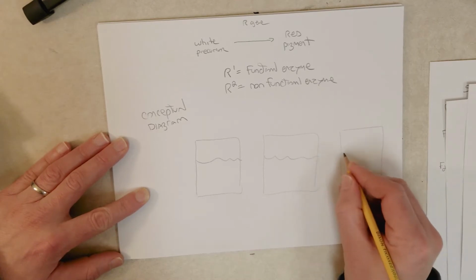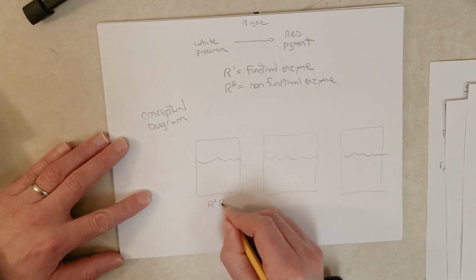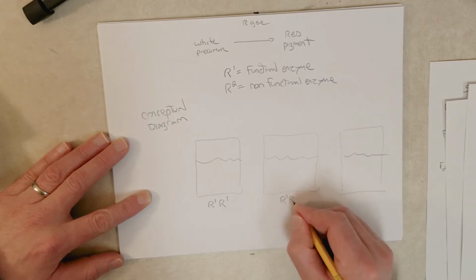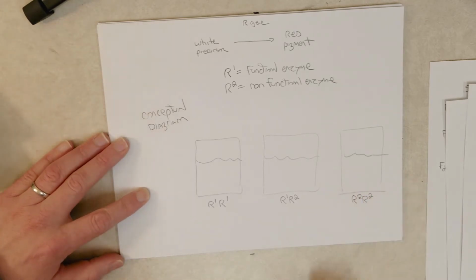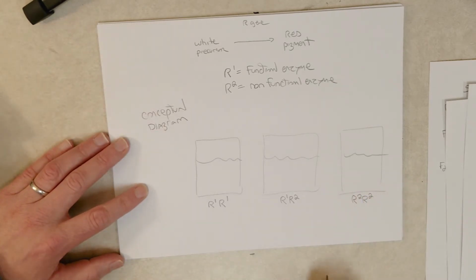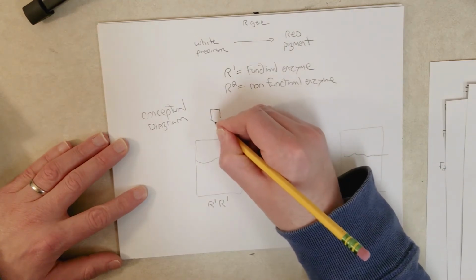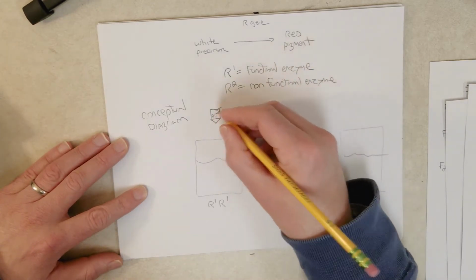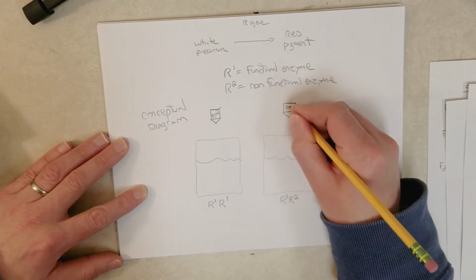Here we have a genotype, this will be our R1 genotype. This cup here represents our R1 R2 genotype, and this one here, the R2 genotype. Now let's say this right here is the pigment, a little vial of pigment.